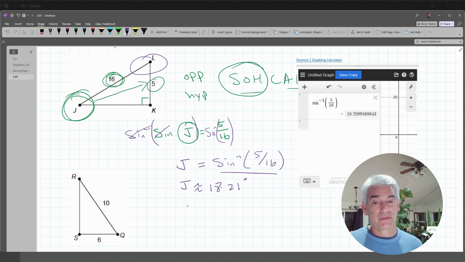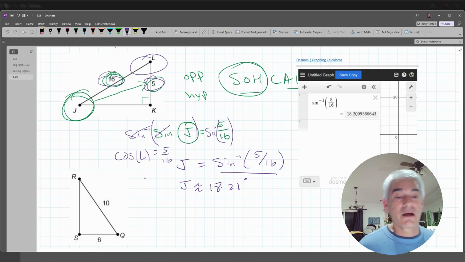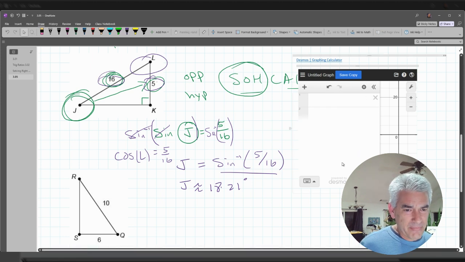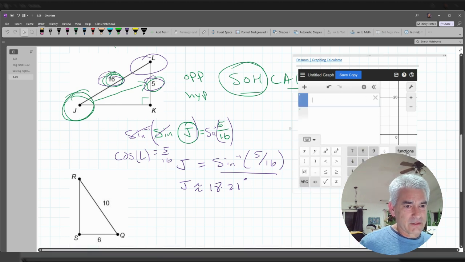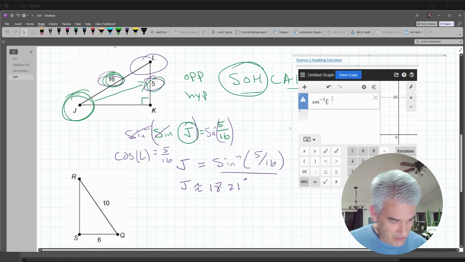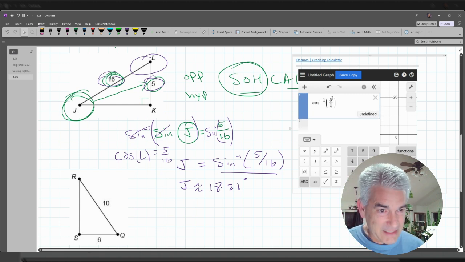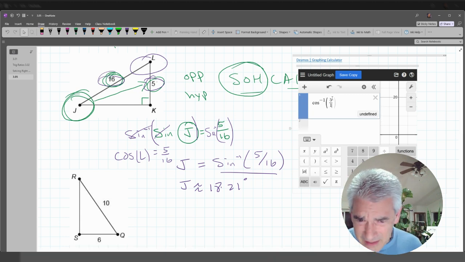If I wanted to find L, I can use subtraction at that point, or I could use cosine inverse. If I did cosine of L, that would equal the adjacent, which is 5 over 16. Well, wouldn't I get the same thing? No. When I do cosine inverse of 5/16, let's do that here. Functions, cosine inverse of 5 divided by 16.